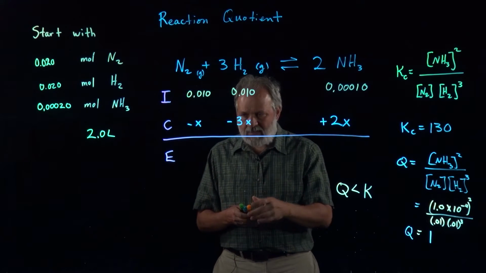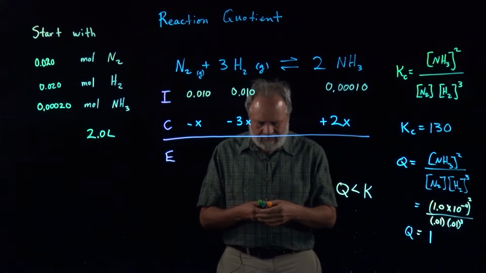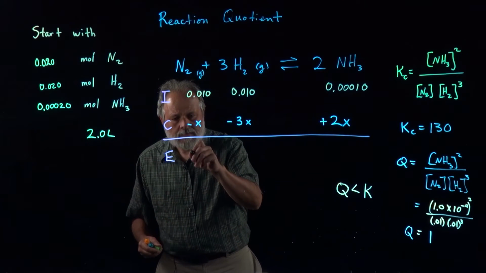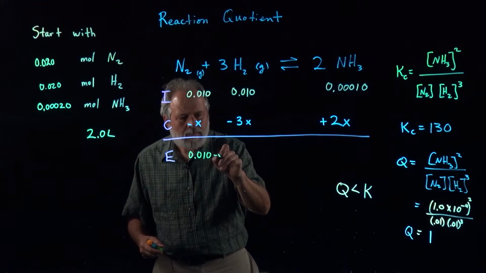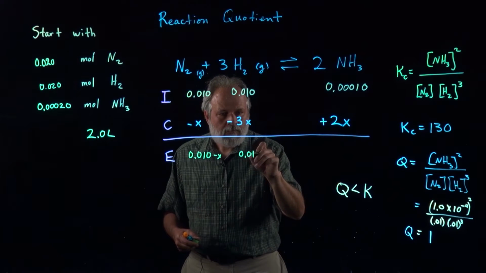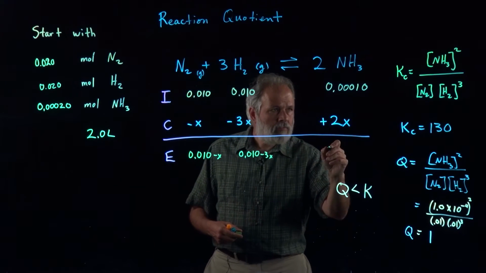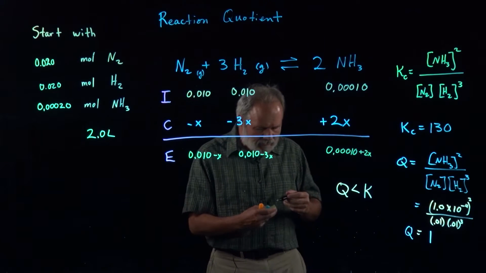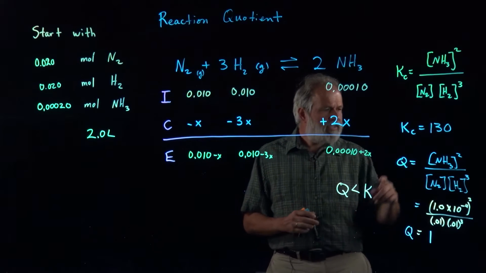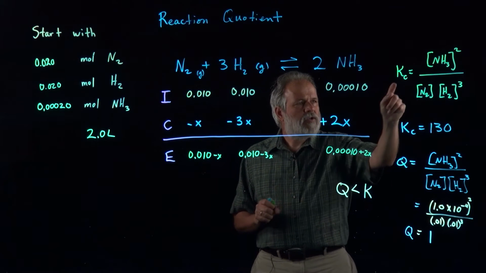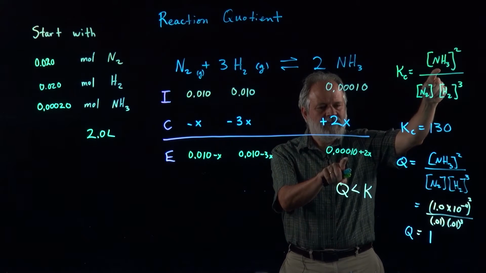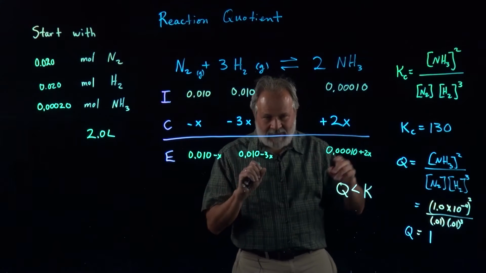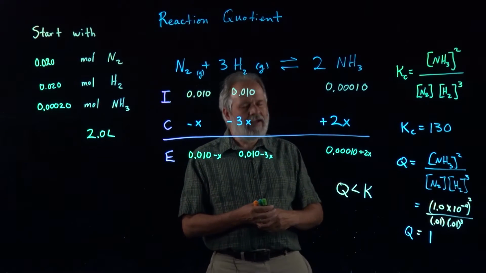And not only that, but when I solve for x, okay, so let's go ahead and write the expressions. All right, so we could go ahead and solve the equation 130 equals this squared divided by that to the first and divided by that cubed. That is algebra you do not want to do at all.